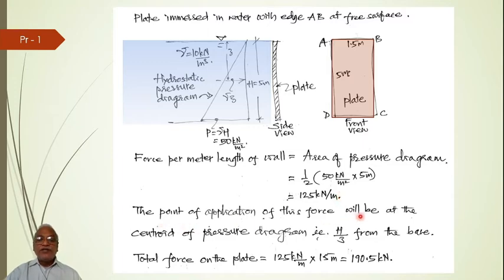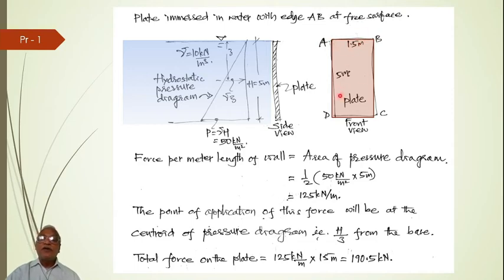The point of application of this force will be the centroid of the pressure diagram. Where is the centroid? For a triangle, it will be h by 3 from the base. Now it is force per meter length, but what is the length of the wall? Length of the front surface is 1.5 meters.